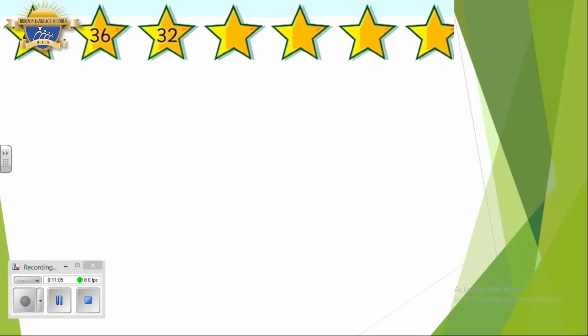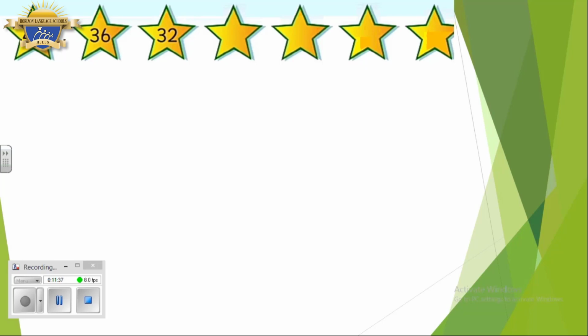Another example, we have here another set of numbers. The first number is 40, 36, 32. Okay, so at first I have 40. The 40 becomes 36. Does the number increase or decrease?